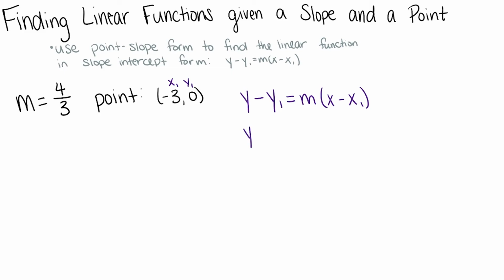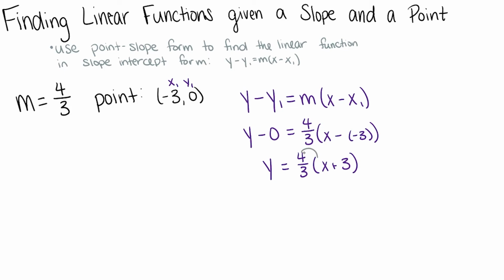This means y minus 0 equals 4 over 3 times x minus negative 3. Whenever we have minus a negative, that turns into positive. So x minus negative 3 will become x plus 3. Also, since we have y minus 0, we can just write y since we're not adding or subtracting any value.